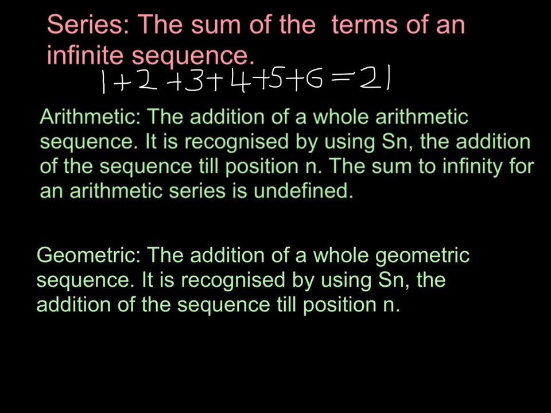It is recognized by using Sn, the addition of the sequence till position n. The sum to infinity for an arithmetic series is undefined. That's why we don't have infinite arithmetic series. Also, we have geometric series that are the addition of a whole geometric sequence. It is recognized by using Sn, the addition of the sequence till position n. We do have infinite geometric series that will be addressed later on.